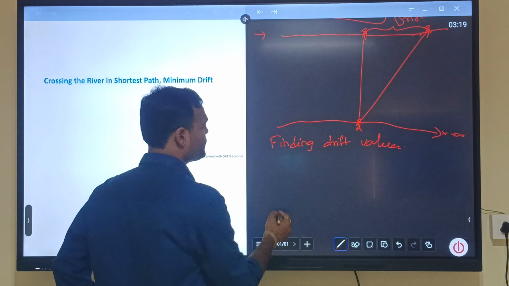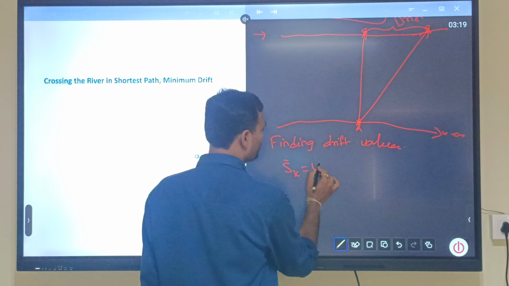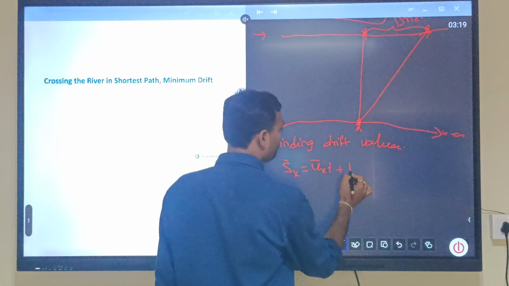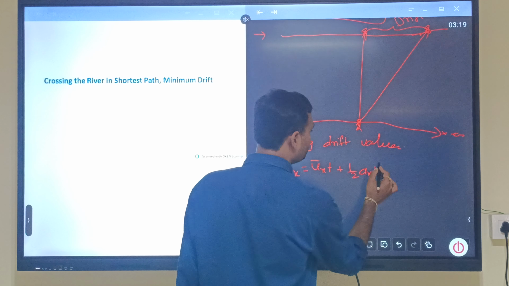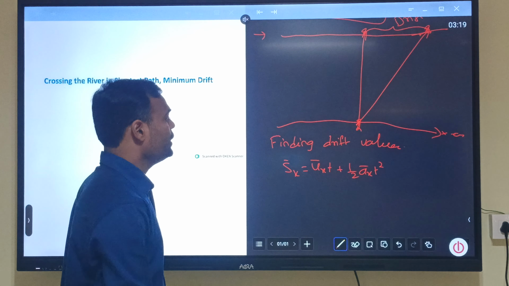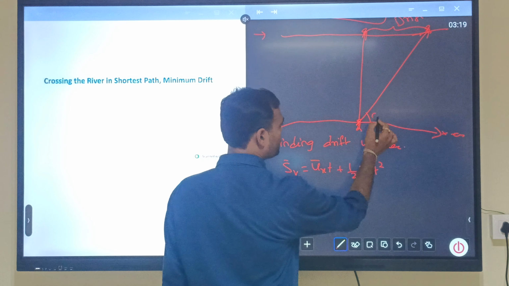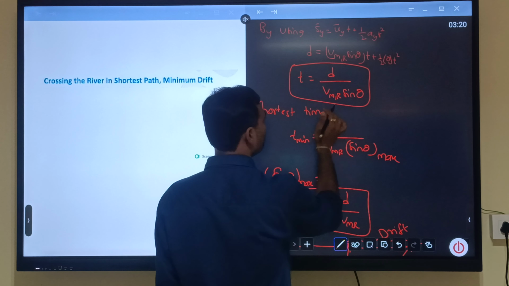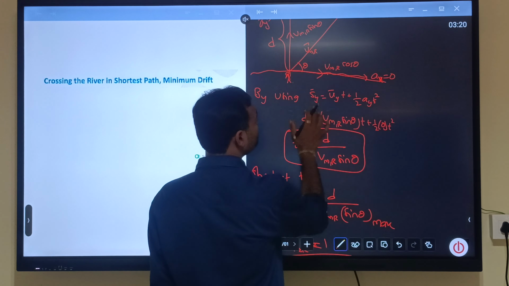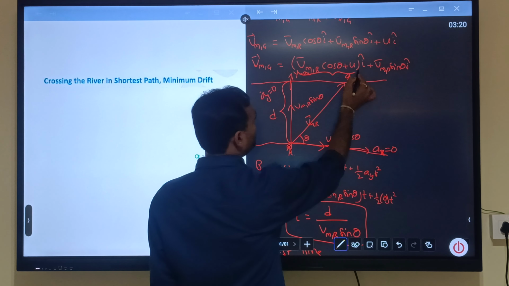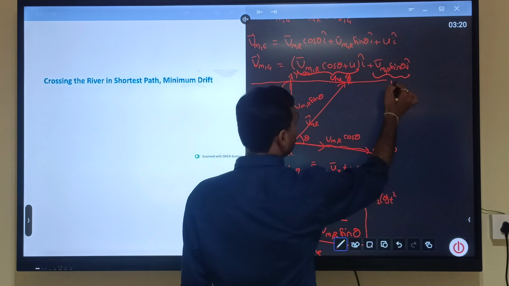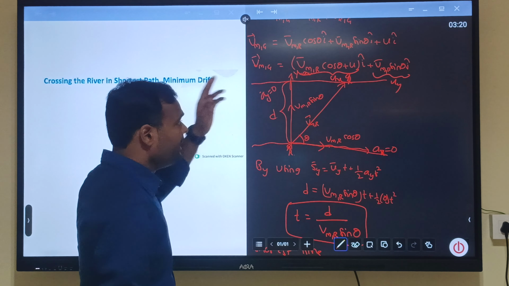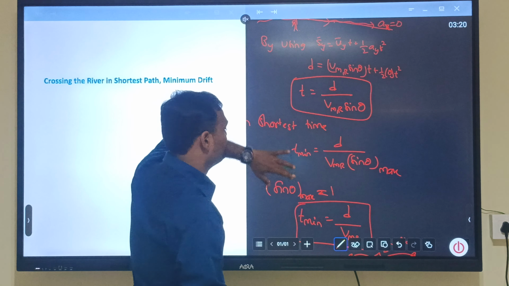Drift value is equals to Sx is equals to ux t plus half ax t square. Right? Ux means here, this is ux, this will be uy, right?